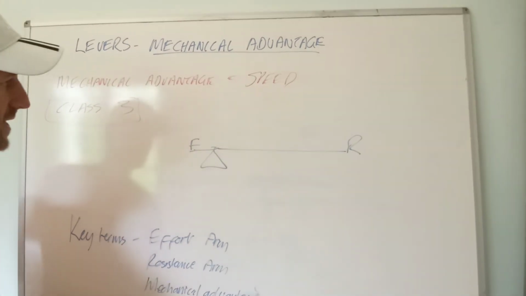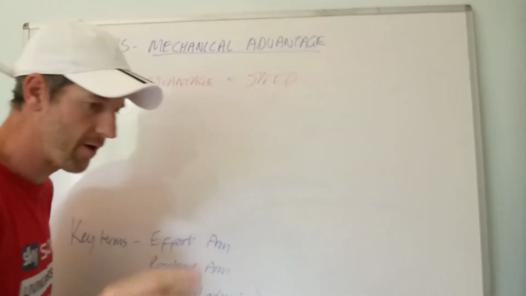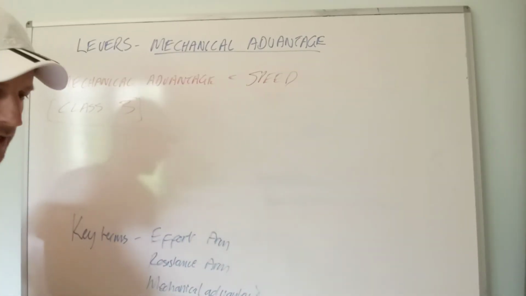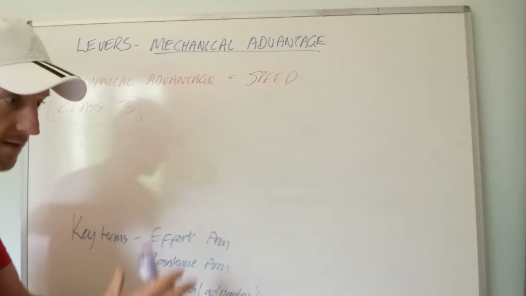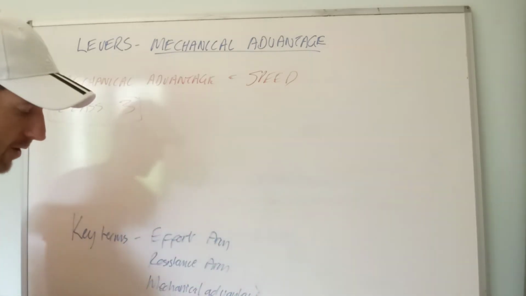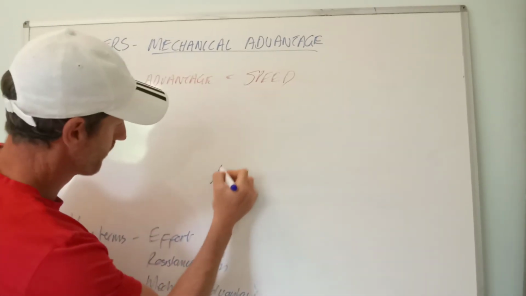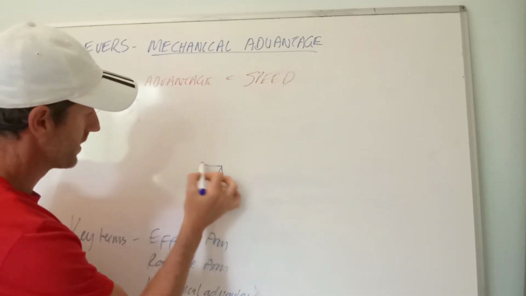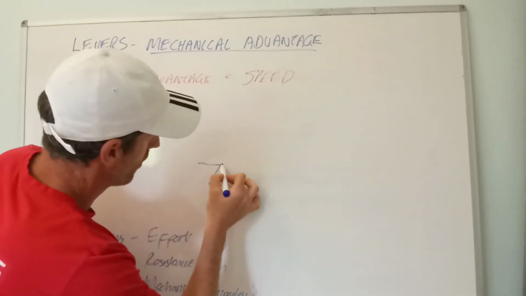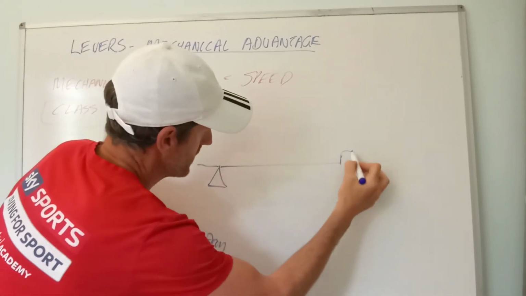Why does it give us speed? I've got a video that you're going to be watching after this that's going to show you an example of how it works actually in a small experiment. But just imagine that your effort is there, the fulcrum is there, and your resistance is there.